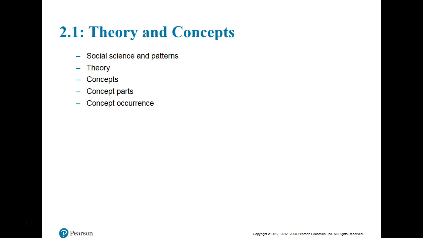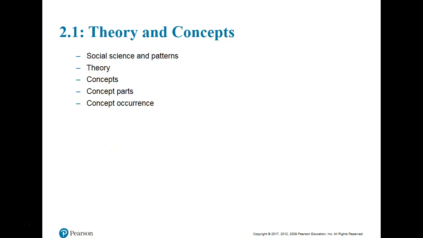As you're looking for the meaning of the underlying reason for these various patterns, you're going to do this by examining, testing, and really refining your theory. Theory is necessary to understand the patterns, why they're occurring, when they're occurring, where they're occurring. Theory is a statement that will describe a phenomenon.